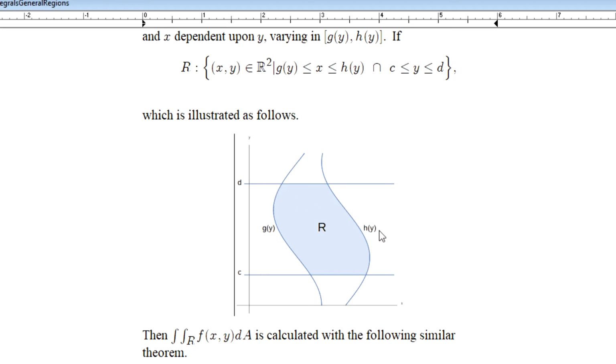In that particular case, we would see an illustration similar to what we saw here, with region R being defined by something that's similar to this illustration.